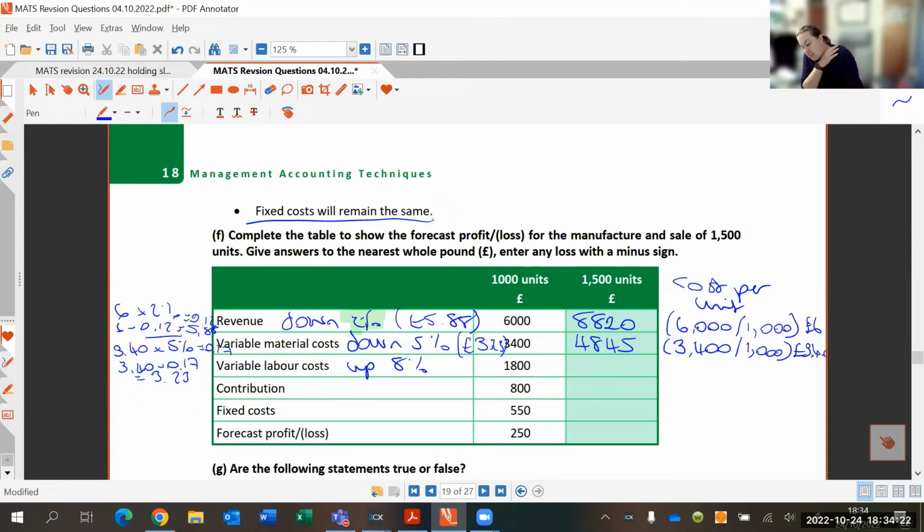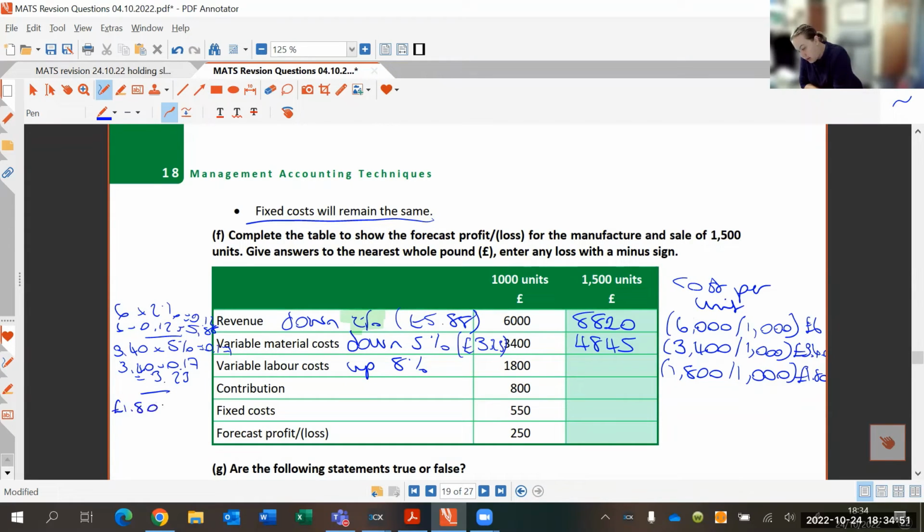So the last one that we will need to do something with in real depth, I think, is our labour costs. Again, a nice easy calculation to kick off with: £1,800 for 1,000 units, which means that it's £1.80 per unit. This is a bit different again, because this one, the costs are going to be going up, so we're going to have an increase even if we weren't changing our units, even though we are. So it's going up 8%.